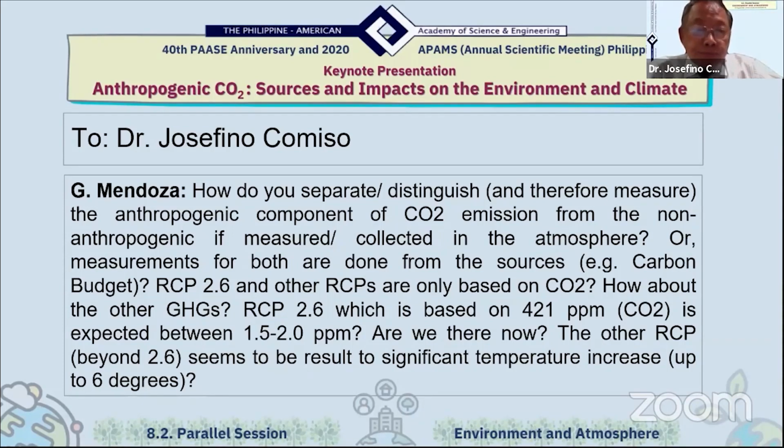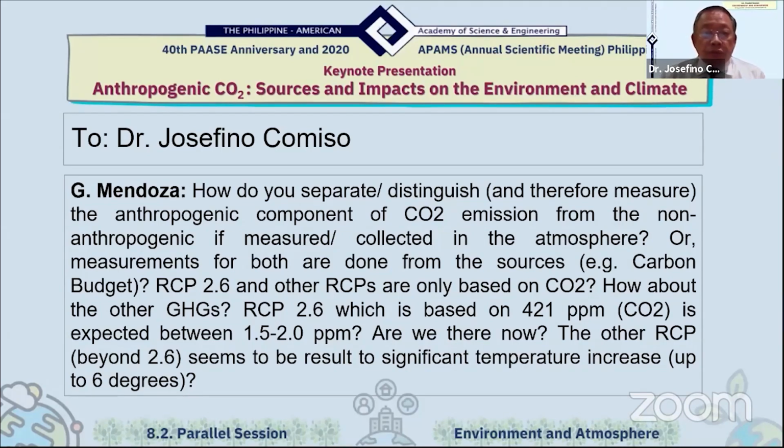Now, separating the two is, I think, very difficult. But what we are looking at is the net effect of increasing greenhouse gases. So when you look at RCP 2.6, for example, what is included is already a combination of the other greenhouse gases converted into CO2 equivalent.